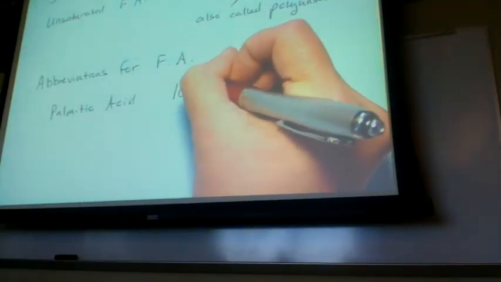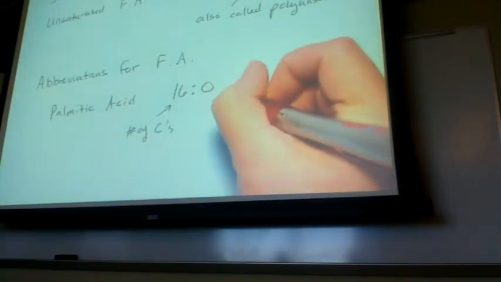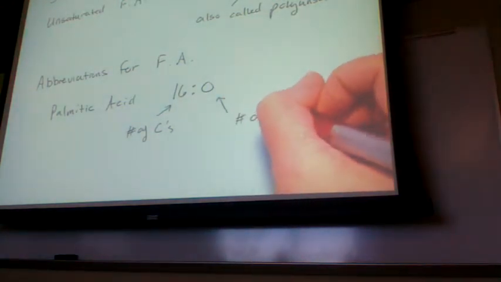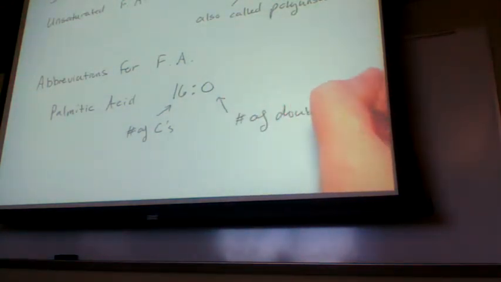So these are abbreviations for your fatty acids. So for example, our palmitic acid is 16:0. That is the number of carbons, and that is the number of double bonds.